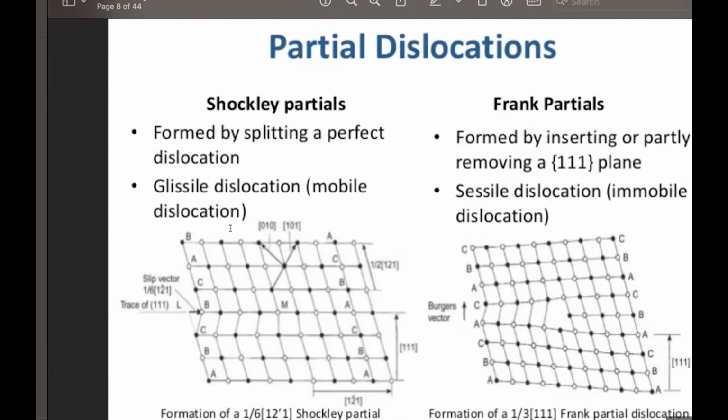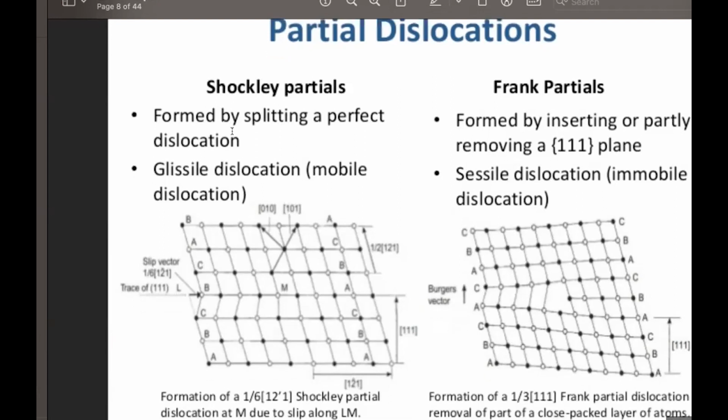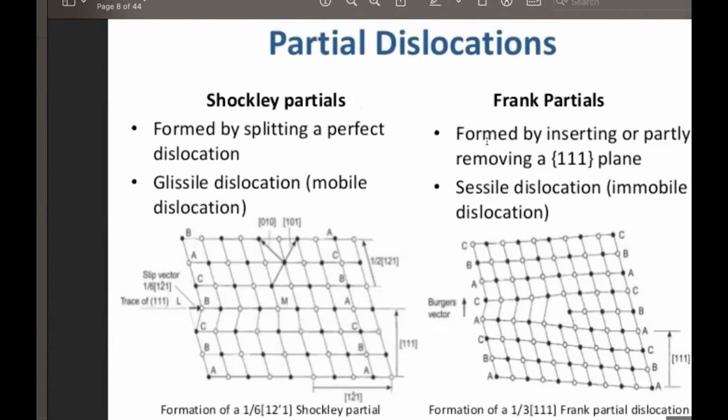We have Shockley partials and Frank partials. The Shockley partials form by splitting a perfect dislocation. Instead, Frank partials form by inserting or partly removing the 111 plane. So this is the 111 plane.